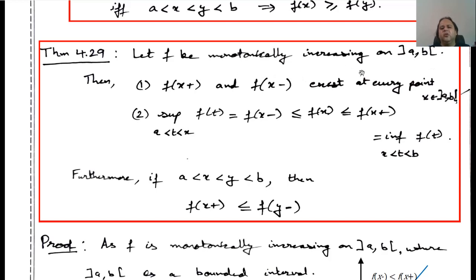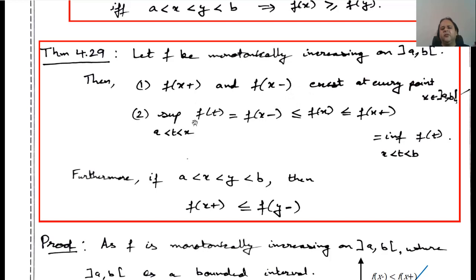For a monotonically increasing function defined on this interval, the right hand limit and the left hand limit of this function both exist at every point of the domain.